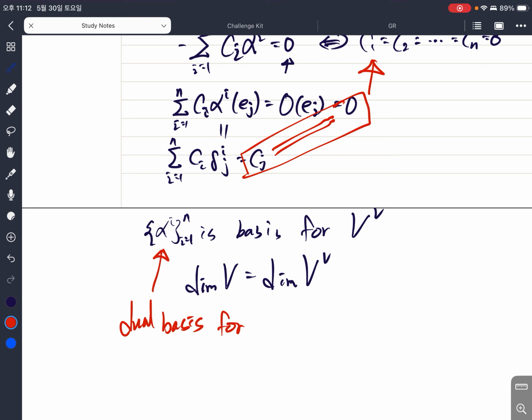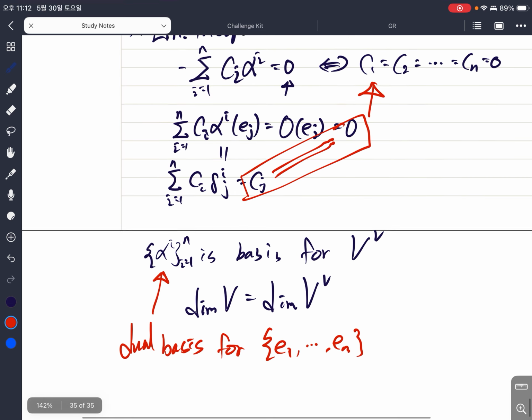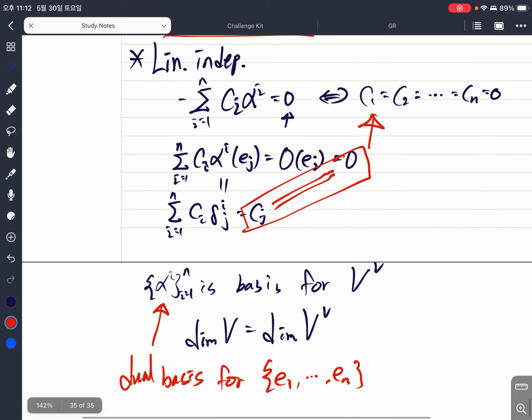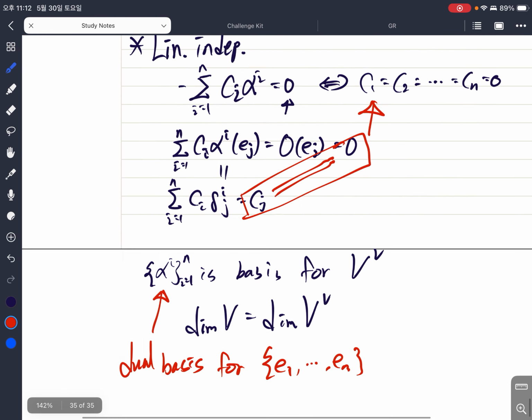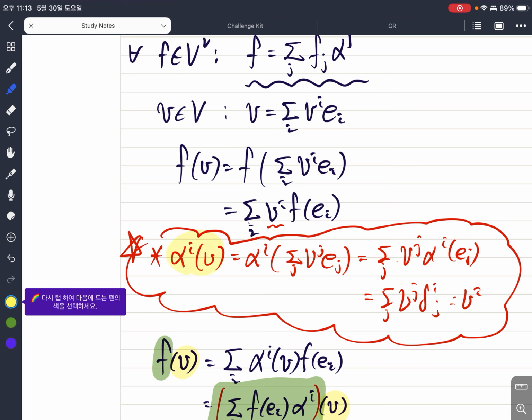For e_1 to e_n. So if you have a basis for V, then you can find some dual basis corresponding to it. And yeah, this is the dual vector, the dual basis. And also, the role of alpha was that if you go back and see this relation, if you have alpha, you get some v^i.